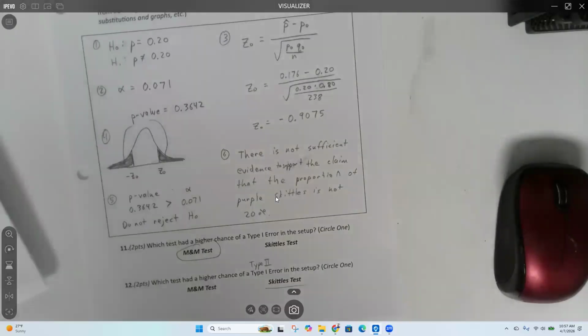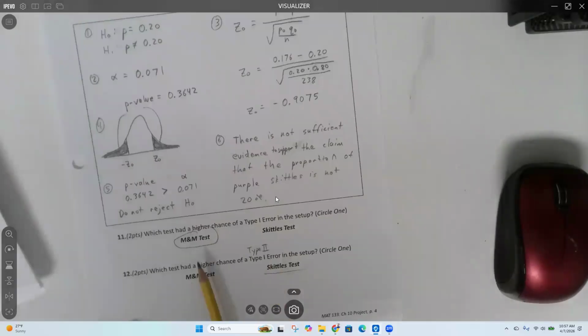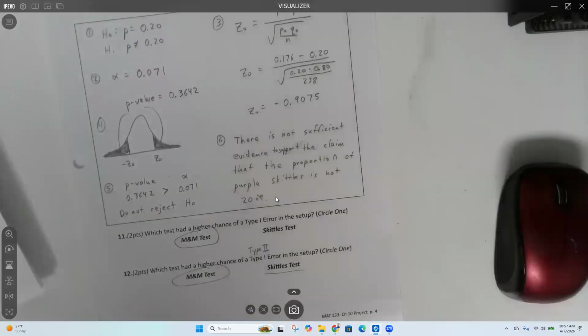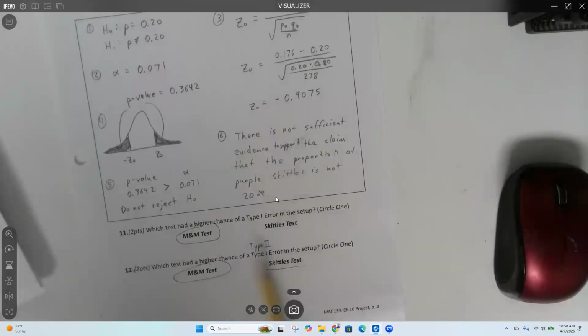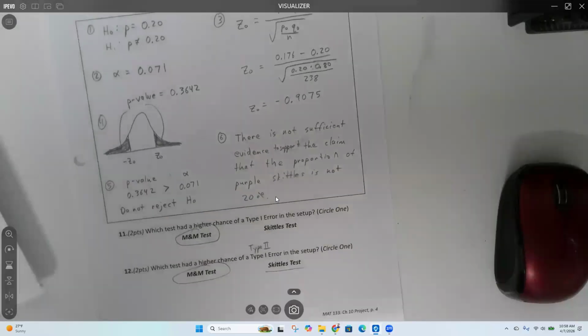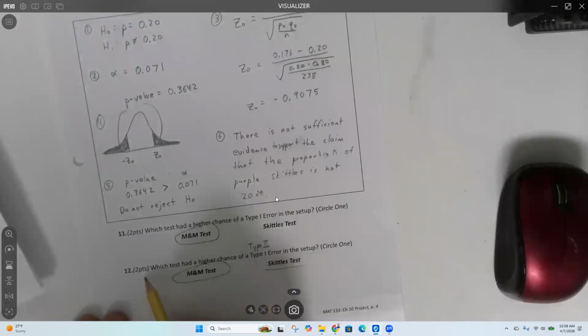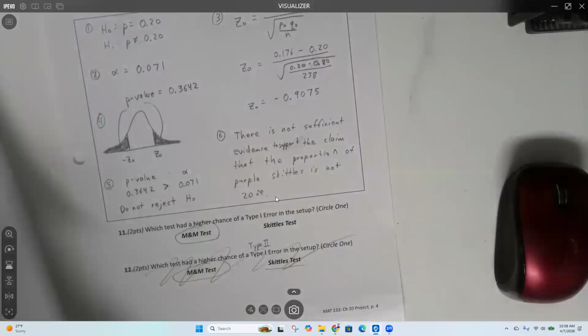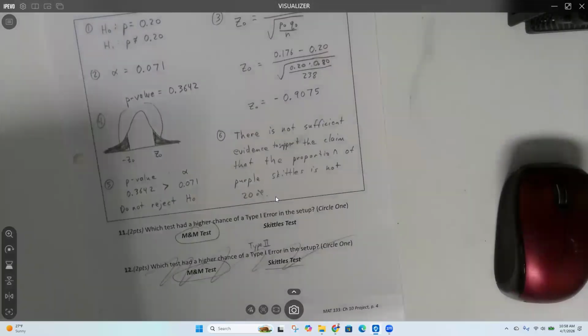It is possible that you have a high chance of a type 1 error and also a high chance of a type 2 error if your sample size is not big enough. Now, if the sample sizes were the same, then circle this one, then circle this one, you're done. But for number 12, you don't need an answer. It's fine. We might mention that a little more. I might actually pull up the picture for beta next time.